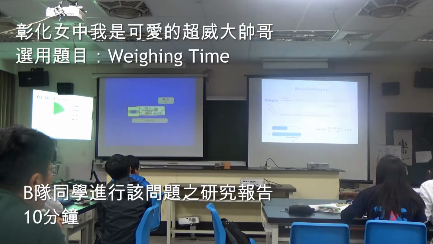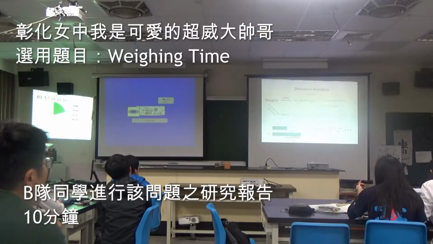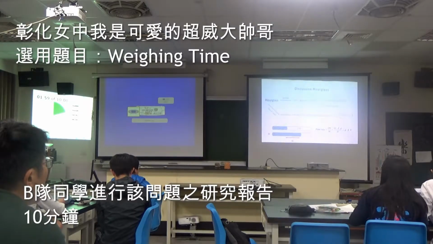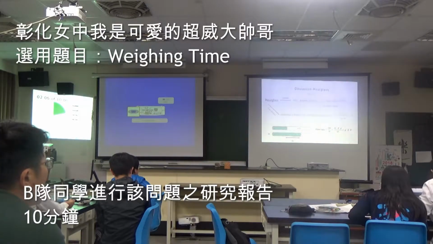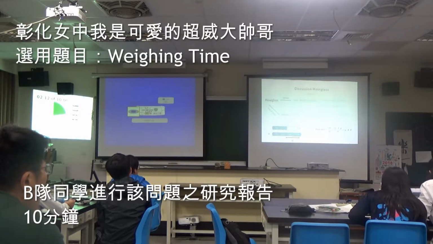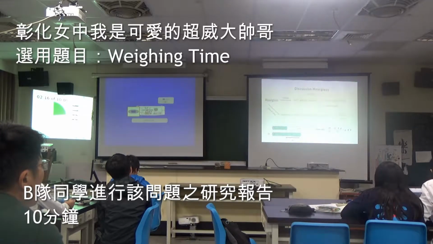And about the discussion parts, we know that the hourglass's content is sand, and sand is one kind of granular material. And we also know that although it's a single state of matter, in some situations its flow is like a solid, but sometimes it acts like a liquid. And we believe that the size of the sand is the main point affecting the flow rate. And we found the big R over small r in a specific range.